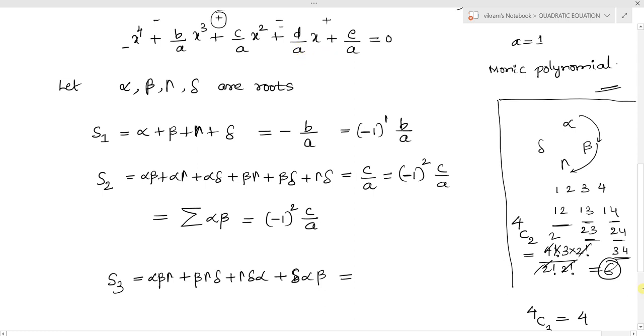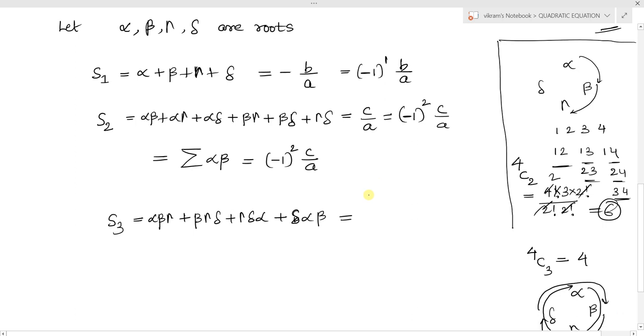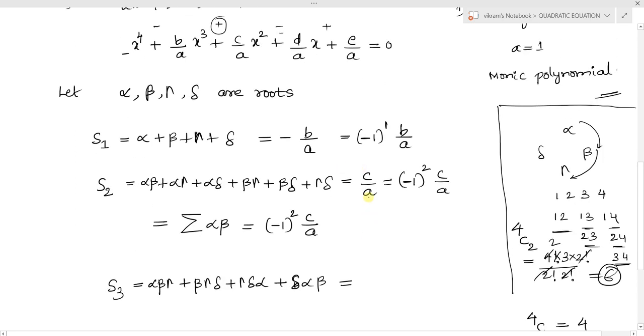So otherwise no need to confuse. For 3 roots taken at a time, in general it is D by A, but it is minus D by A. How are we obtaining minus D by A? Minus 1 power 3. Why? Because we are taking 3 roots at a time, into D by A.